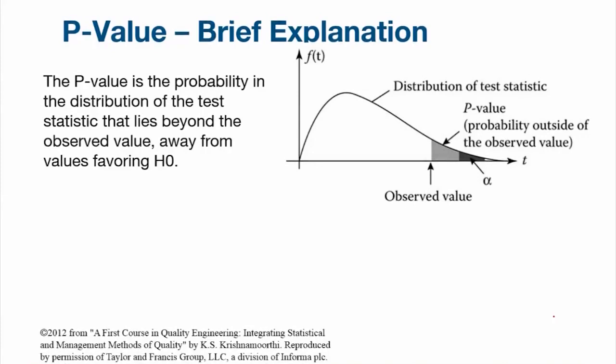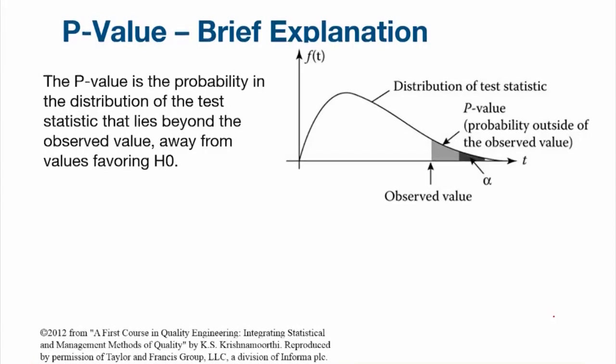If the p-value is smaller than the chosen alpha, it means that the observed value of the test statistic lies in the critical region, and this means the null hypothesis should be rejected. If the p-value is larger than alpha, then the observed value is not in the critical region, and the null hypothesis should not be rejected.